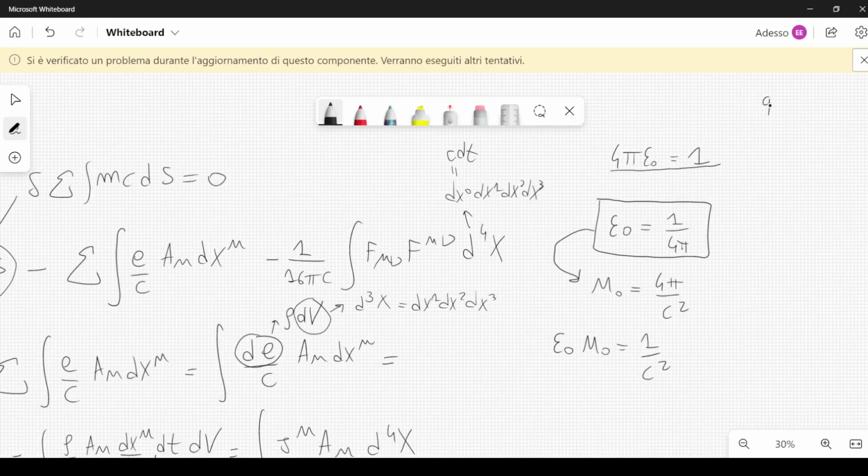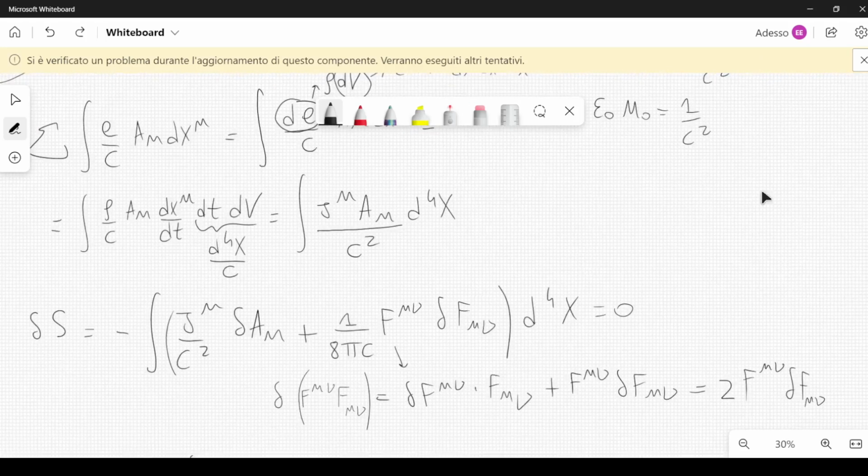You have a charge, Q or E, whatever you want to call it, and then you have 4 pi epsilon 0 in the denominator, and then here you have r squared. And of course, if 4 pi epsilon 0 is equal to 1, then this expression will simplify. So it is just convenient because of that. It's just a choice, and it's not really important.